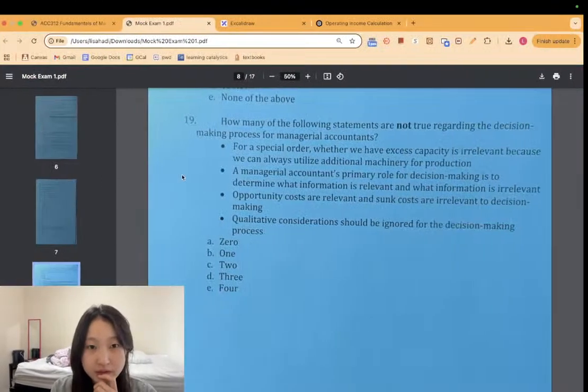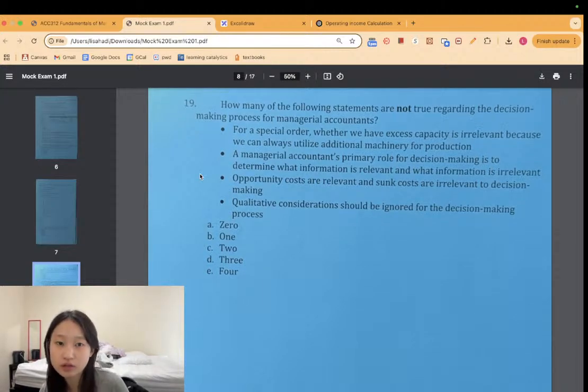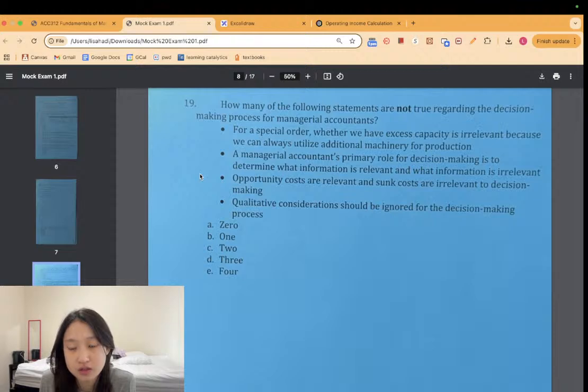Oh, perfect. Okay. So now the next question is, how many of the following statements are not true regarding the decision-making process? For a special order, whether we have excess capacity is irrelevant because we can always utilize additional machinery. That doesn't sound very right. Managerial accounting's primary role for decision making is to determine what is.